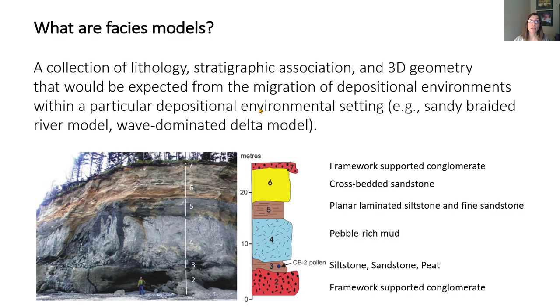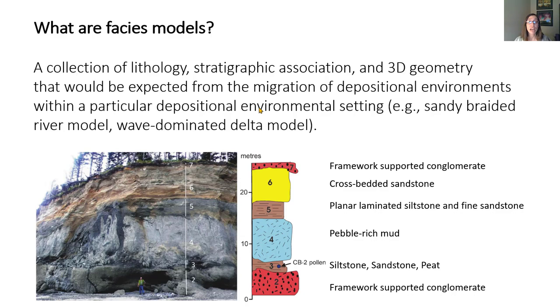Again, we are using what we know about the present, about how a sandy braided river might migrate, might move within its depositional setting, how a wave-dominated delta might move within its depositional setting. We are using what we know about current depositional environments to infer the collection of rocks, the stratigraphic association, and the 3D geometry that we would expect to see if we were looking at the rock record.